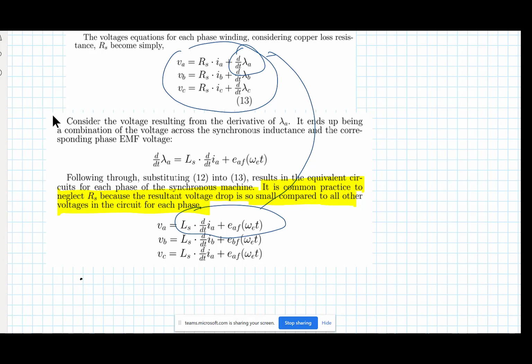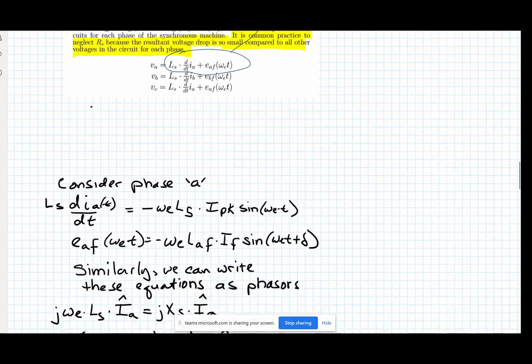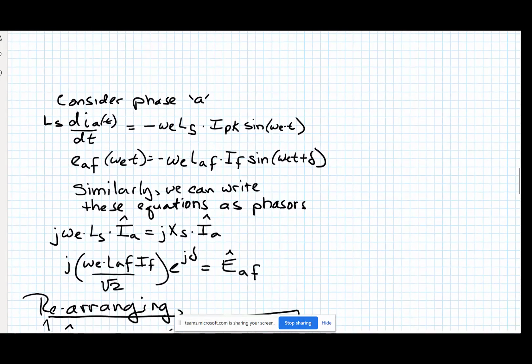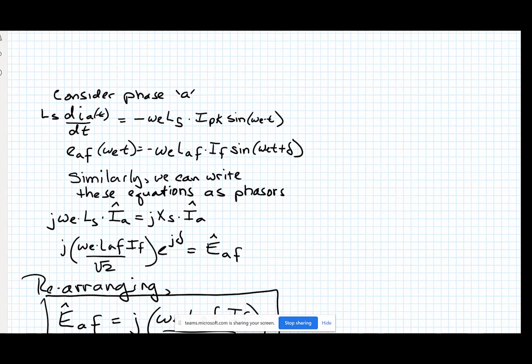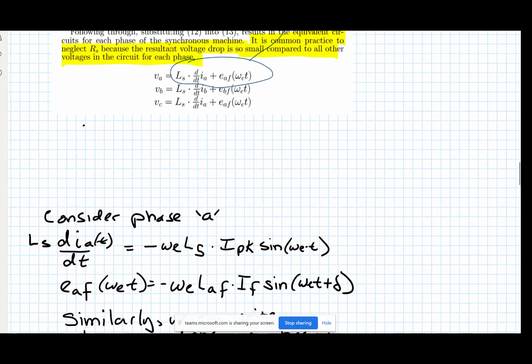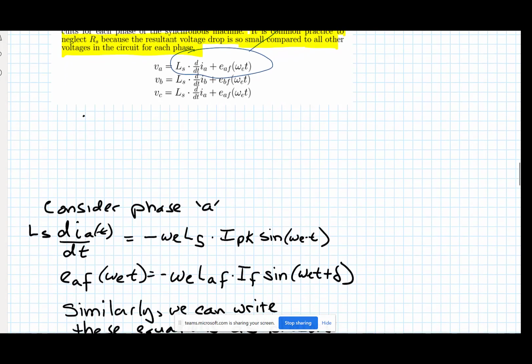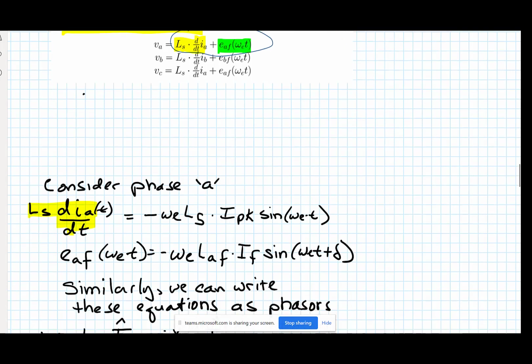The armature resistance effectively gets ignored. So if we have, let's look at this one phase. And I'm going to look at the two pieces, right? So you've got LS di, derivative of the current. And then I've got the field winding part, which is this here.